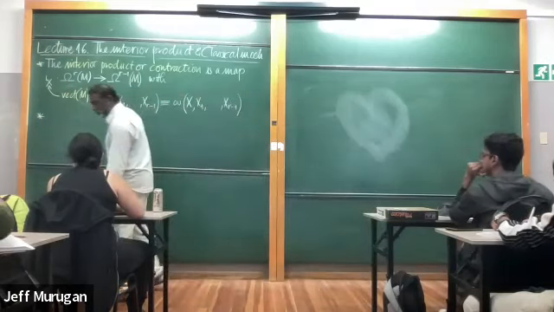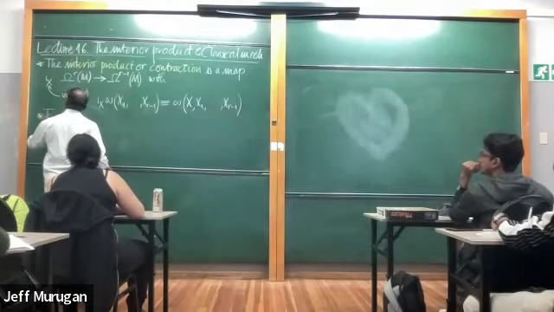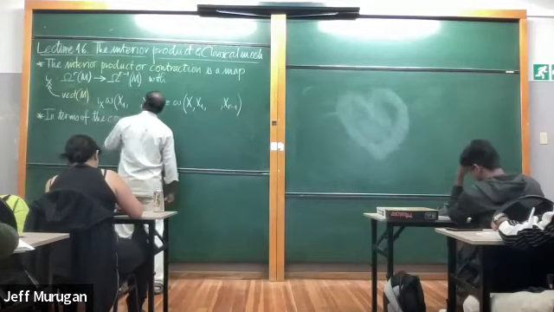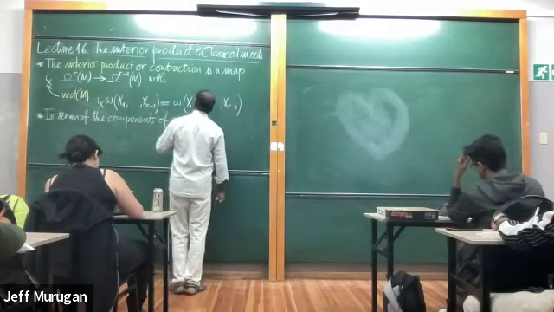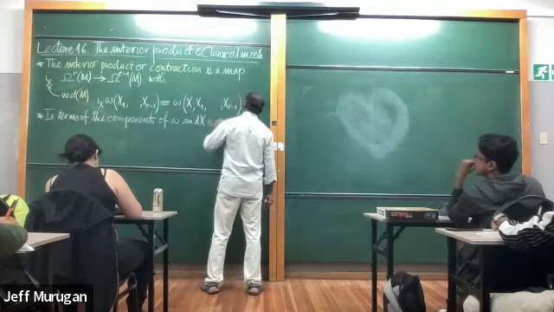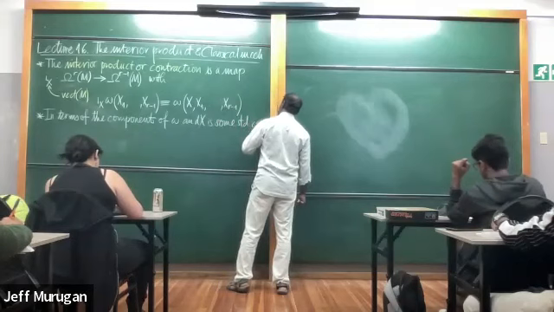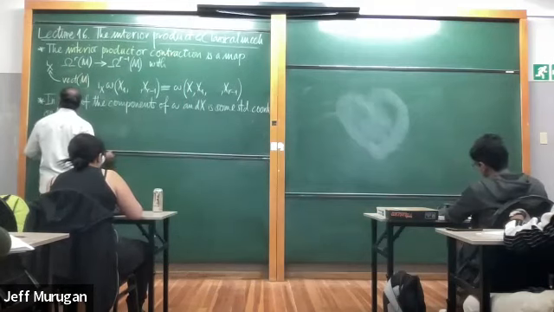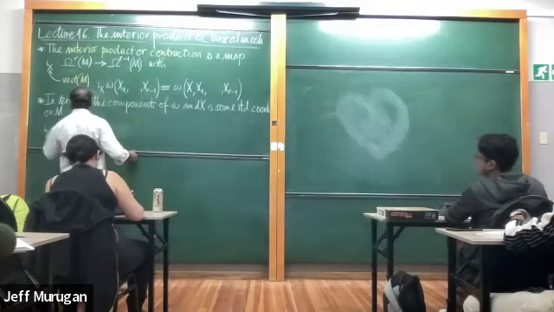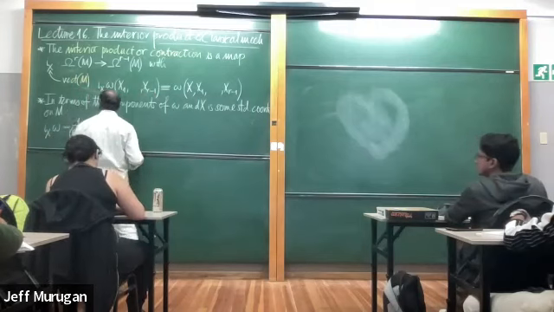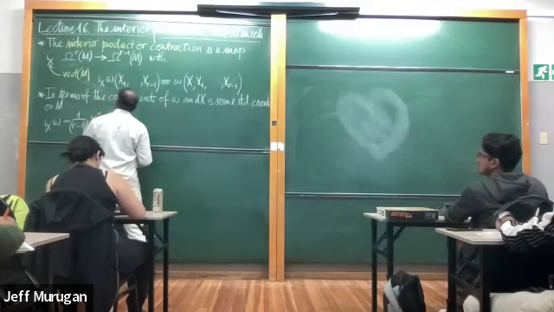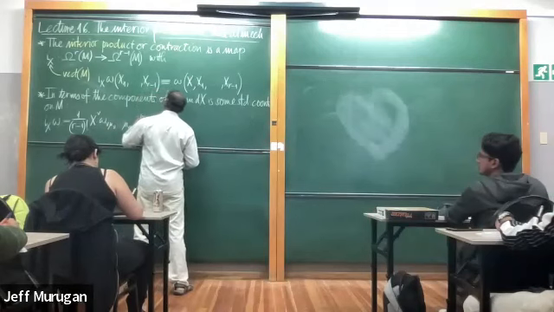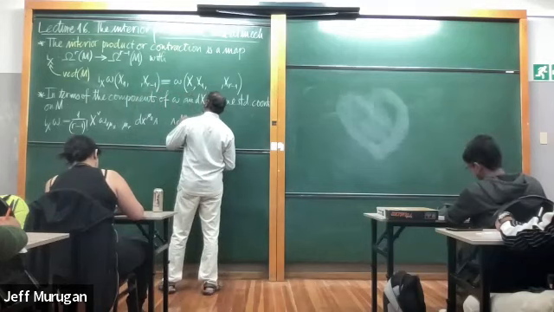In terms of the components of omega and x in some standard coordinatization, i_x on omega is 1 over (r minus 1) factorial times x^nu omega_{nu mu2 to mu r} dx^mu2 wedge to dx^mu r.